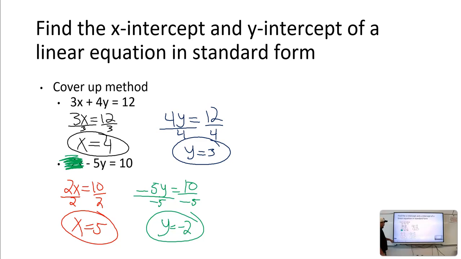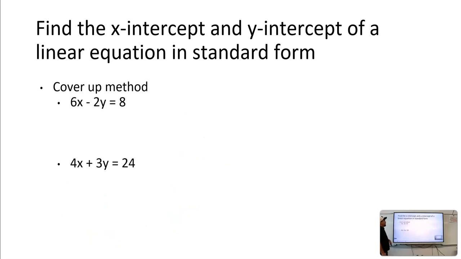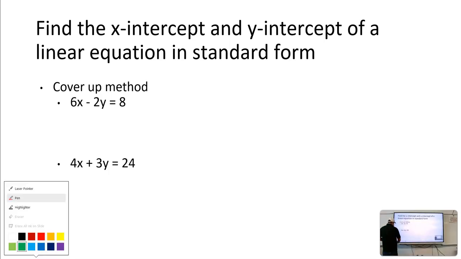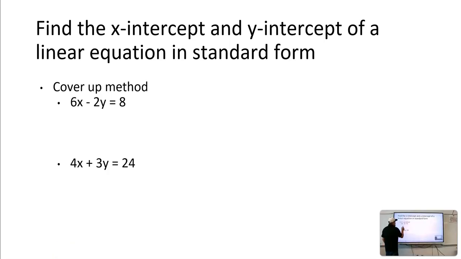So let's do the whole thing together now, where we have to find the x-intercept, the y-intercept, and the slope. Let's do all of it together on these. So first off, let's find the x-intercept. We're going to cover up the 2y, and we get 6x equals 8, which means divide by 6, x equals 8/6, which is the same as 4/3.